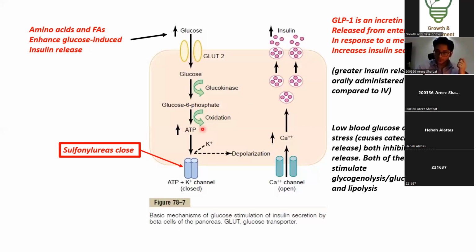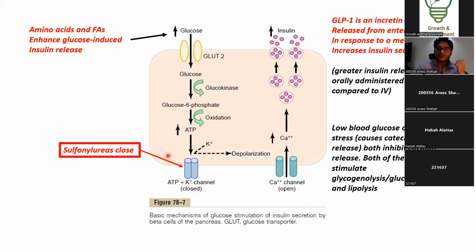It's important for you to know that sulfonylureas are drugs used to treat type 2 diabetes. In late stage type 2 diabetes, your beta cells get exhausted from producing insulin. If you give them sulfonylureas, the sulfonylurea will close the ATP-dependent potassium channel.